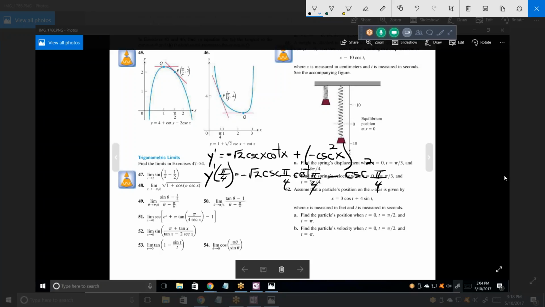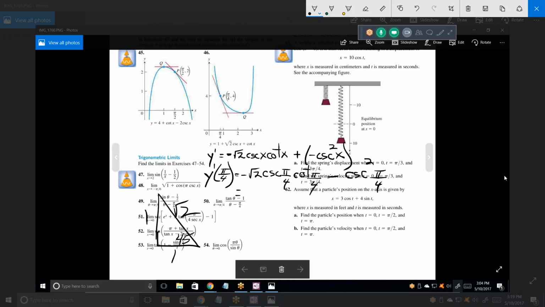All right, let's start with what's the cosecant of 45 degrees? Here's my 45. 1, 1, root 2. Cosecant's the inverse of sine. So instead of 1 over root 2, it's root 2 over 1. Hypotenuse over opposite.